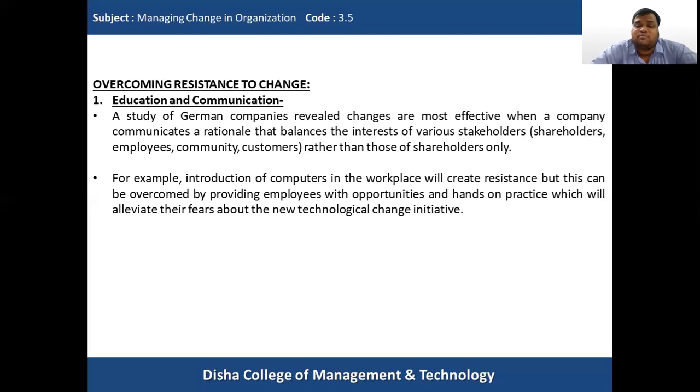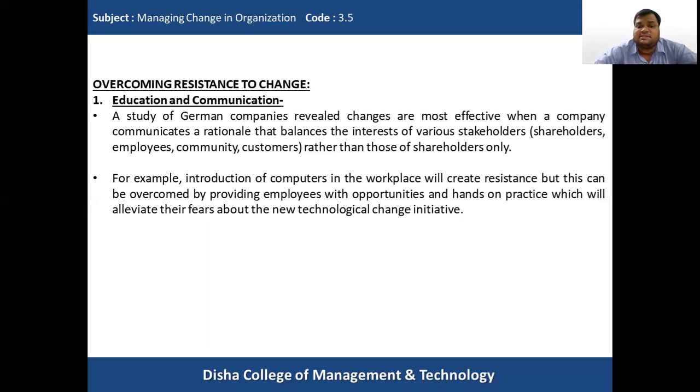So it is very important for the top management, the managers, project managers, and the change agents to properly communicate and educate the employees regarding the change initiative. Once this is done, there will be proper removal of misunderstandings and poor communication, and the top management will be able to sell the concept of change to the people easily.